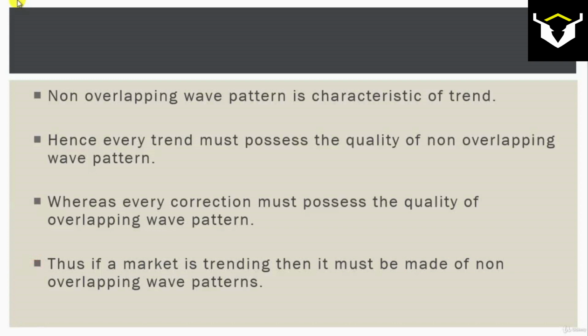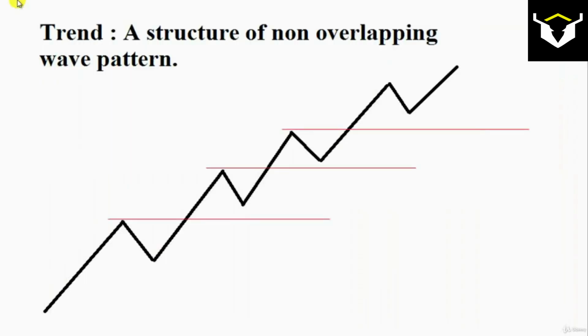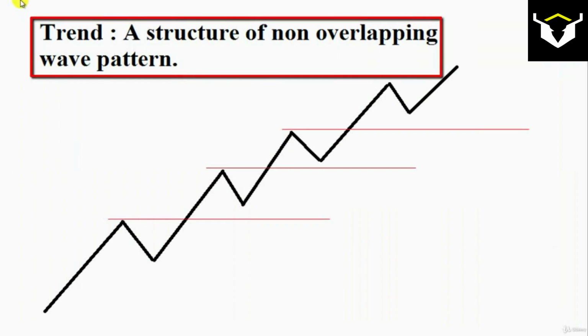Or if you take it the other way around, if you see an overlapping wave pattern, it is safe to assume that the market is correcting itself. If you see a non-overlapping wave pattern, it is safe to assume that the market is in a trend. As you can see in the following chart, a trend is a structure of non-overlapping wave pattern.